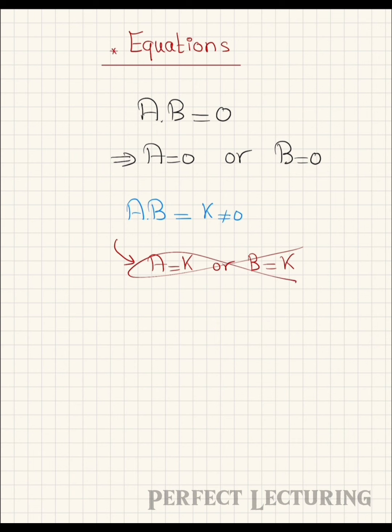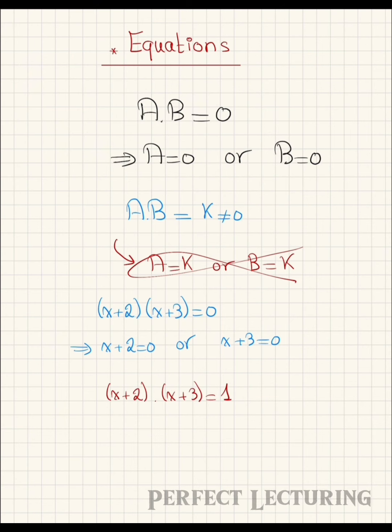For example, if we have x plus 2 multiplied by x plus 3 is equal to 0, then we say x plus 2 is equal to 0 or x plus 3 is equal to 0. However, if I have x plus 2 multiplied by x plus 3 is equal to 1, it is not necessary that either x plus 2 is equal to 1 or x plus 3 is equal to 1. That is wrong. So that's a very common mistake.